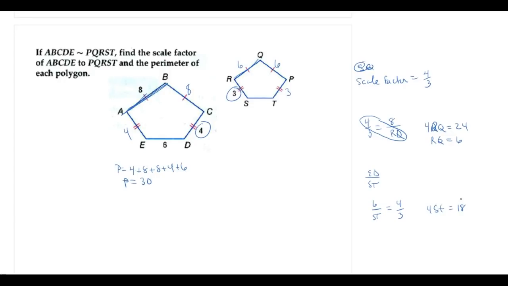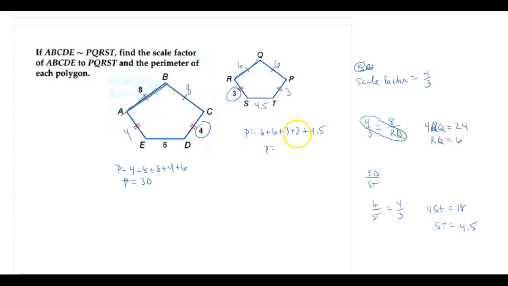So right away here, ST is equal to 18 divided by 4, is 4.5. So if I find the perimeter of this, 6 plus 6 plus 3 plus 3 plus 4.5 gives me, what would that be?